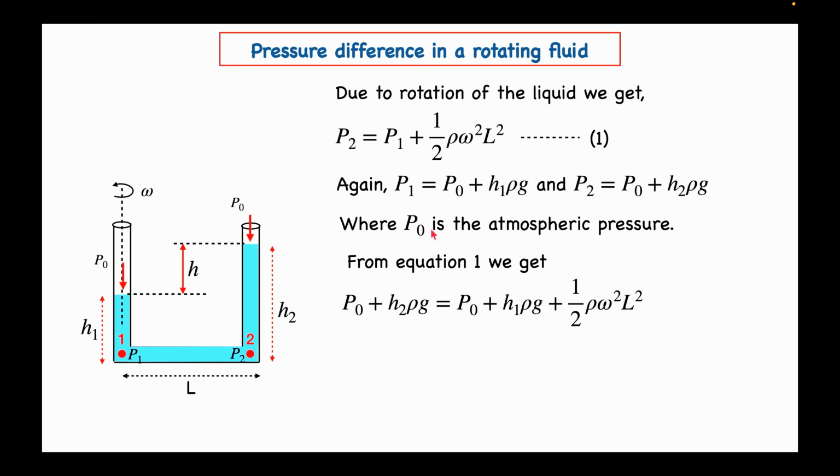From equation 1, if we put this value of P1 and P2, we get P0 plus H2 rho g equal to P0 plus H1 rho g plus half rho omega square L square. P0 cancels from both sides, and we get (H2 minus H1) rho g equals to half rho omega square L square, or H equal to omega square L square by 2g.